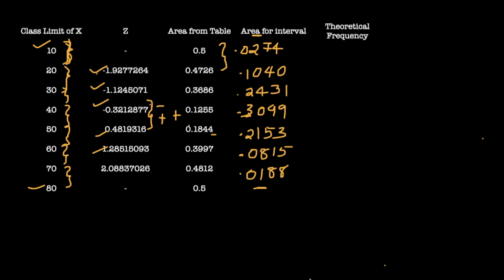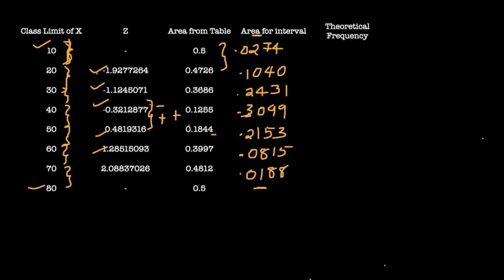We have the area for the interval 40 to 50 as 0.3099, and 50 to 60 as 0.2153, 60 to 70 as 0.0815, and 70 to 80 as 0.0188. Okay, this is what we consider as the probability, right? The probability of x being between these intervals.